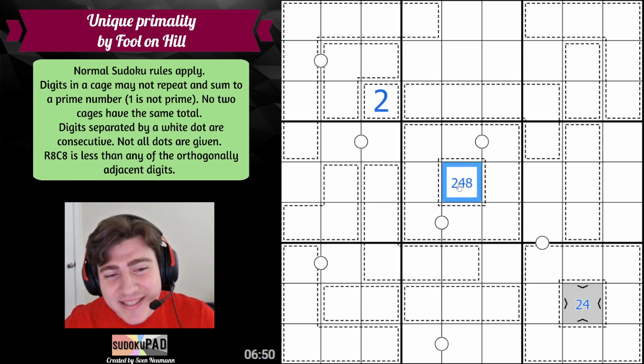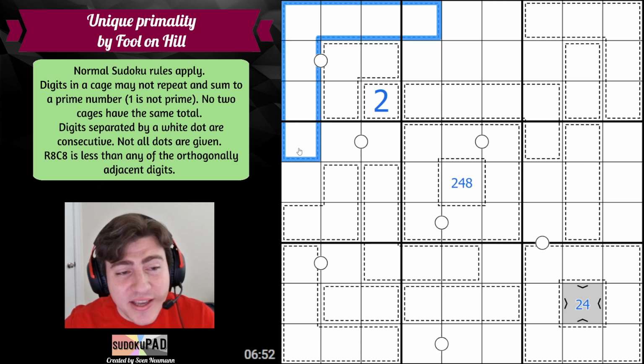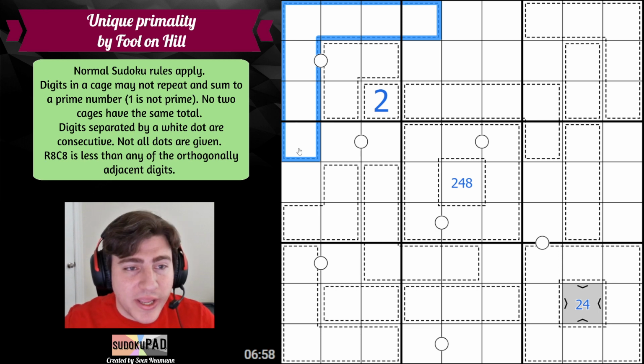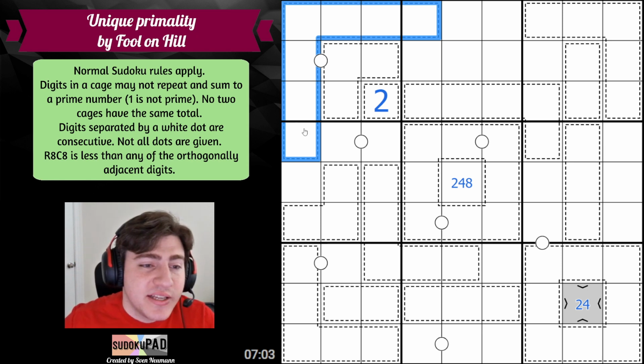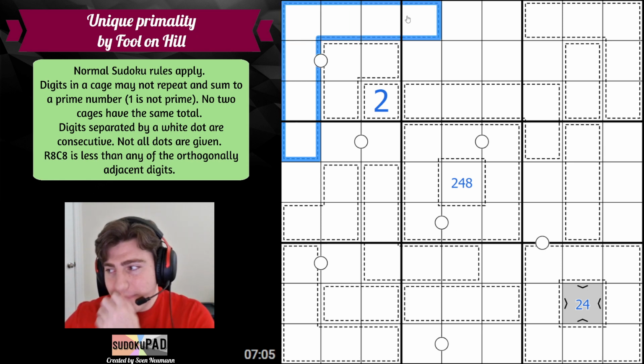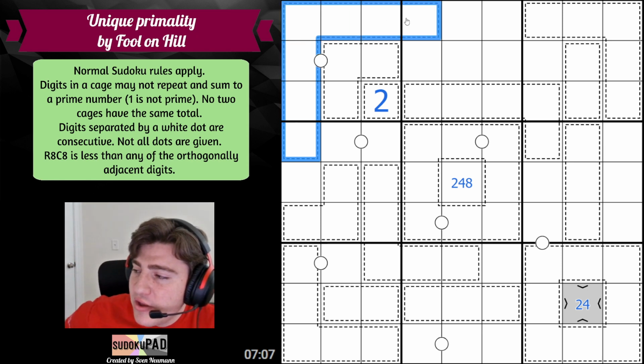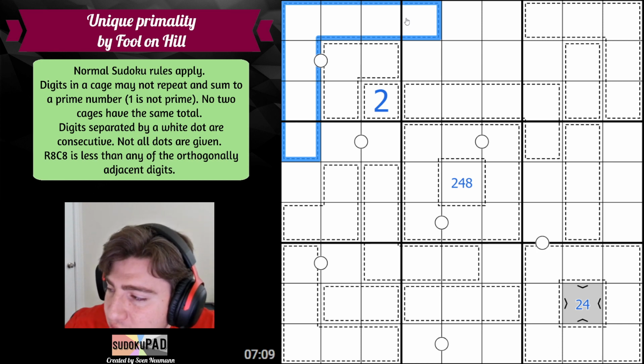This cell isn't as equally restricted, and this here can remove up to 17 with 8 and 9, or as little as 3 with 1 and 2. So as little as 3 means this cannot be the 43 cage.